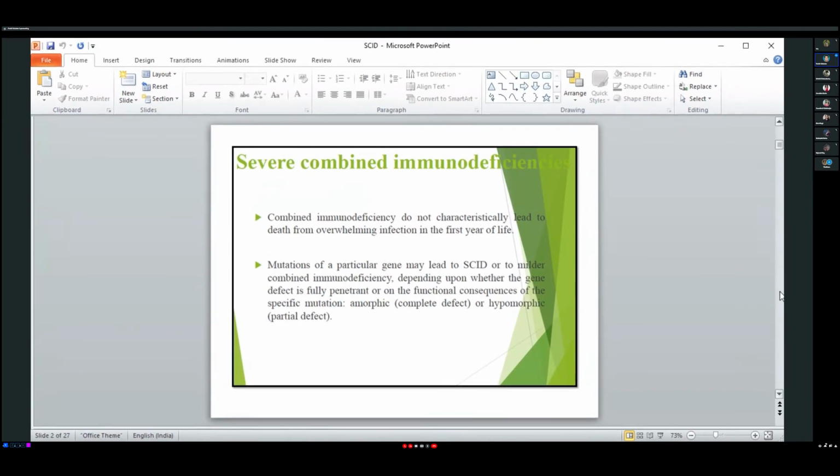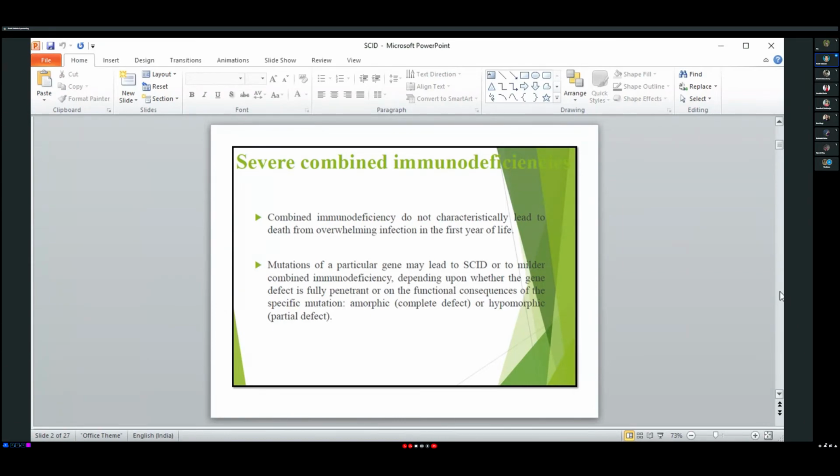Two terms we can recall are penetrance and expressivity. Penetrance means how much a genotype is manifested in a population, a particular trait. And expressivity means how much it is expressed in a particular person.